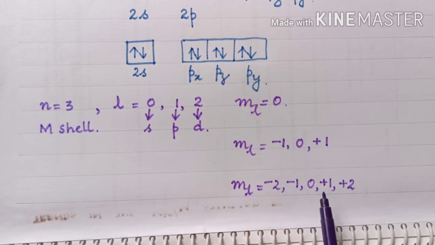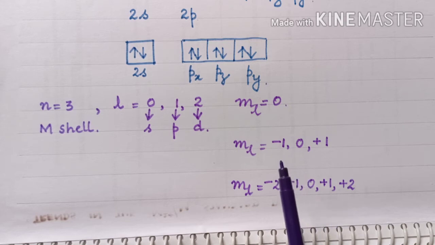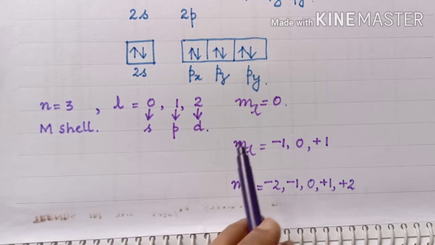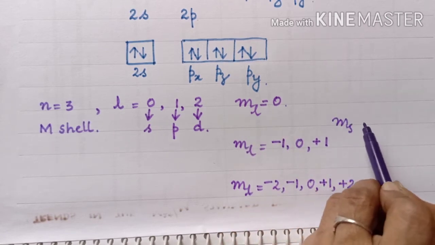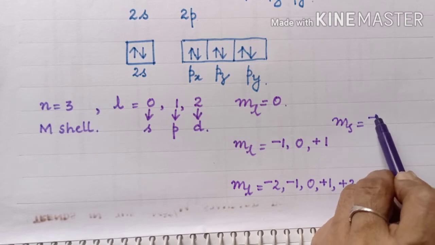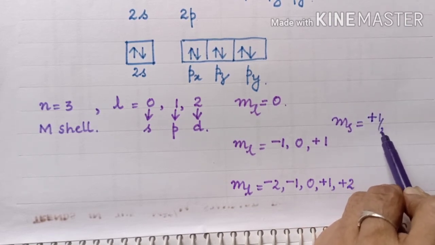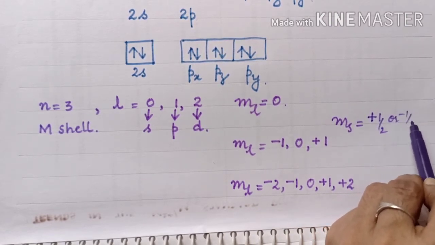All these orbitals can have a maximum of 2 electrons. That means each and every orbital present in the shells is having a maximum capacity of 2 electrons. And evidently for MS, always the values will be only 2 values, +½ or -½.